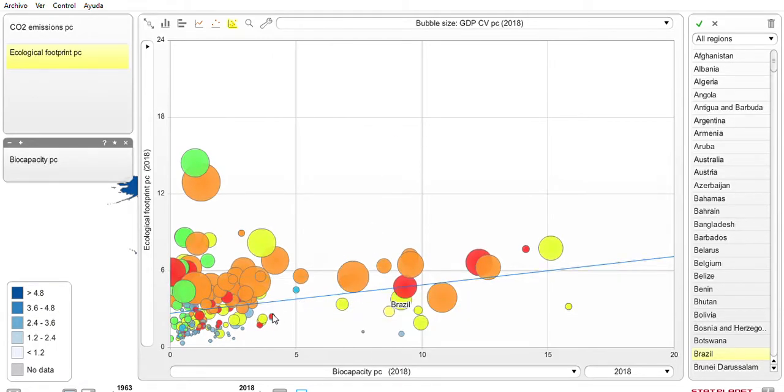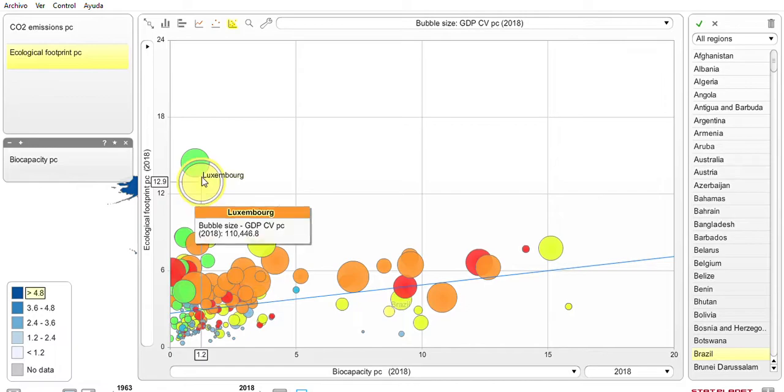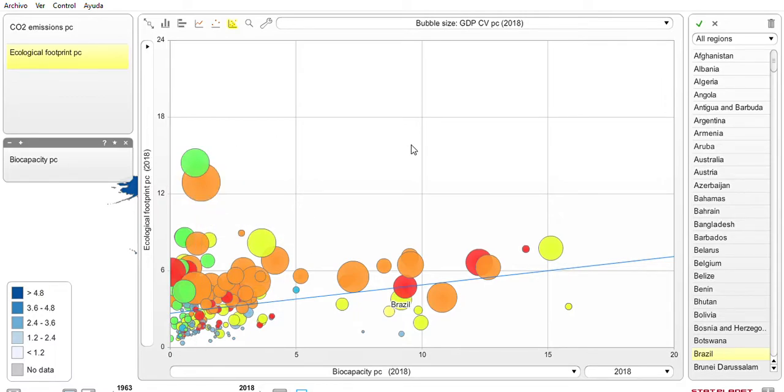For the same biocapacity, the countries that have higher ecological footprint are those that have a greater GDP per capita. So almost like hot air, GDP per capita brings up the ecological footprint.